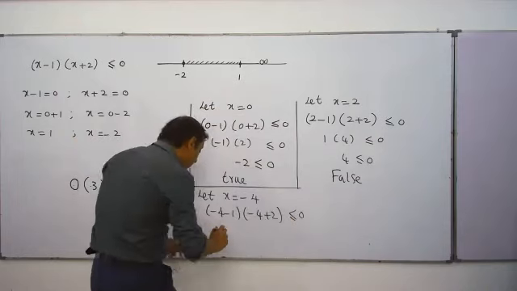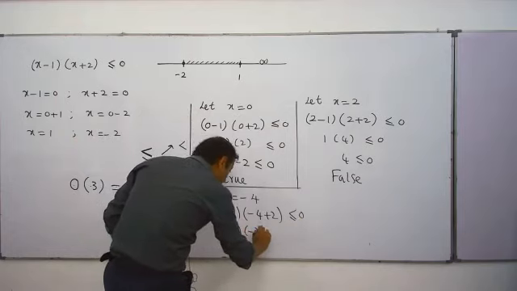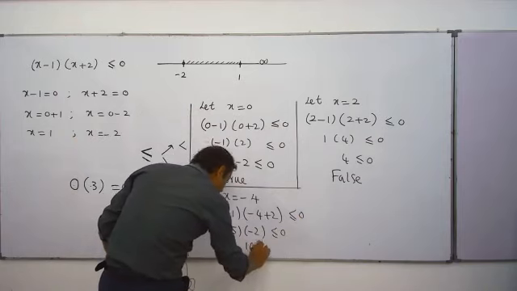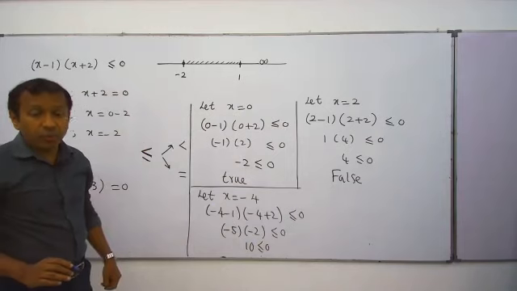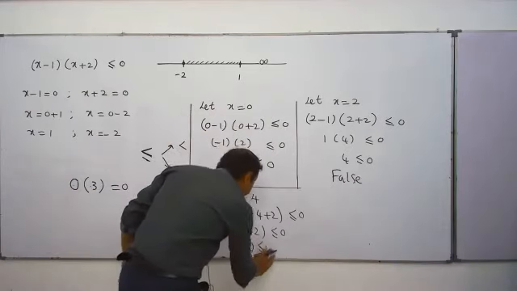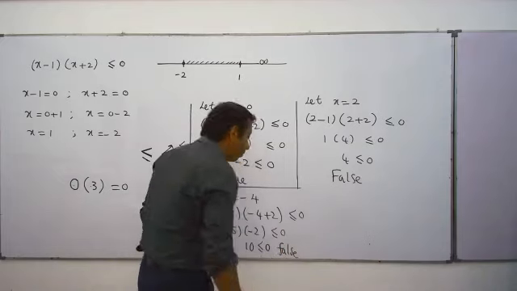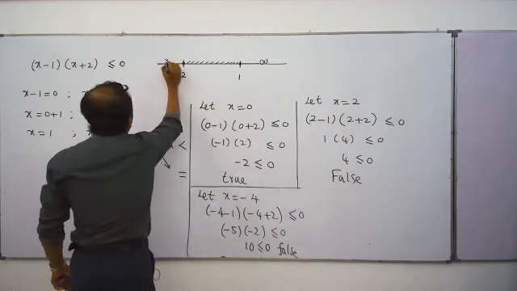Here what we get? Minus 5. Here, minus 2. Less than or equal to 0. What is this? Minus 5 times minus 2, the product is plus 10, less than or equal to 0. Is it true? 10 less than 0? No, false. Right? So therefore, this region also does not satisfy this.